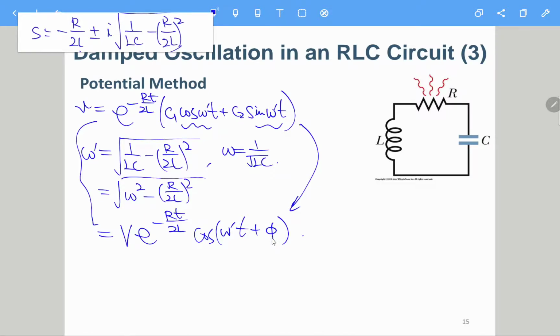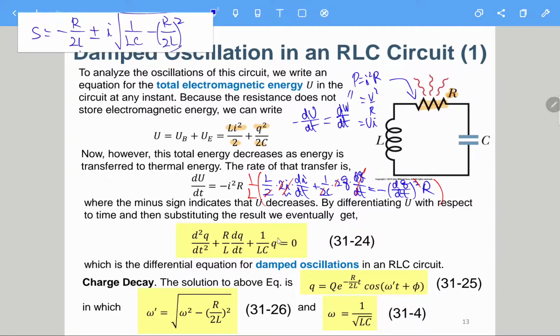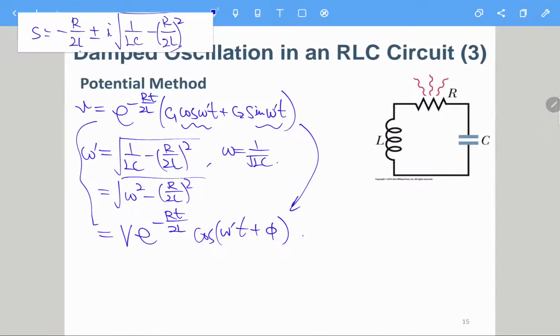And of course, originally we have the equation for q, so you can still write it as d squared q dt squared plus R over L dq dt plus 1 over LC q equals 0.